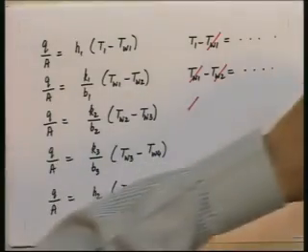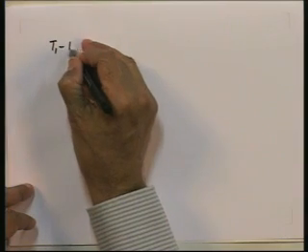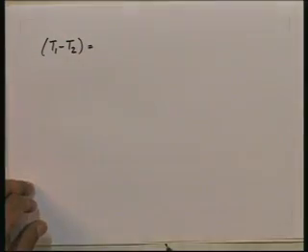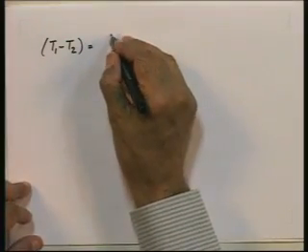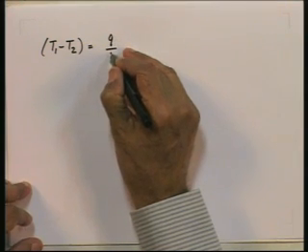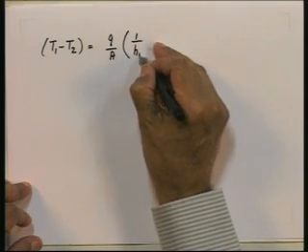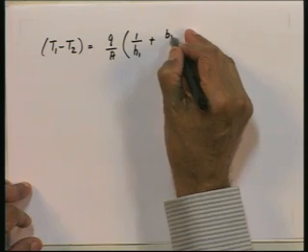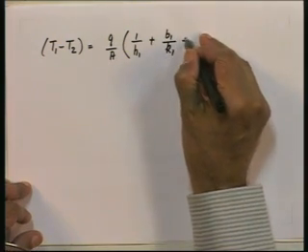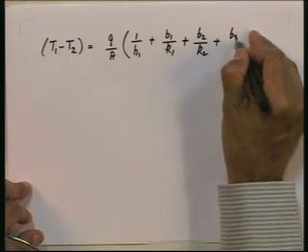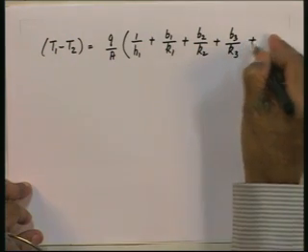What we will get is the following: T1 minus T2 is equal to Q by A multiplied by 1 by H1 plus B1 by K1 plus B2 by K2 plus B3 by K3 plus 1 by H2.